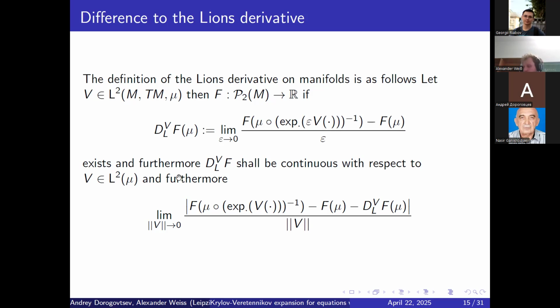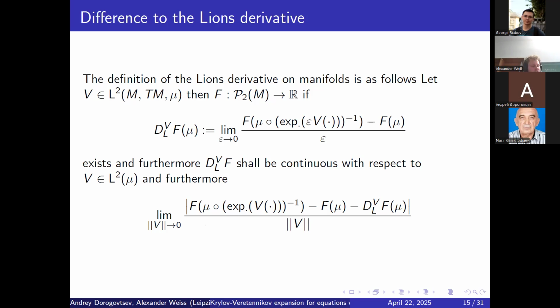An additional structure which we want the Lions derivative to have is this form, so this limit should be 0. This should be kind of like a Fréchet derivative, a strong derivative, where this only is a directional derivative.